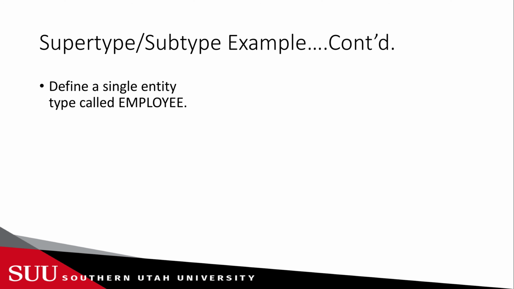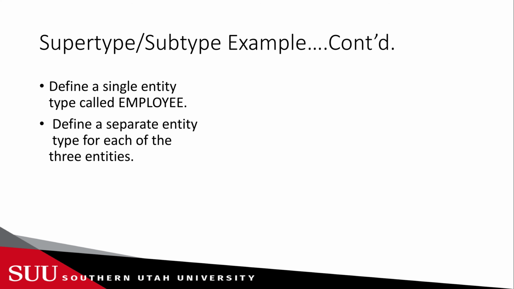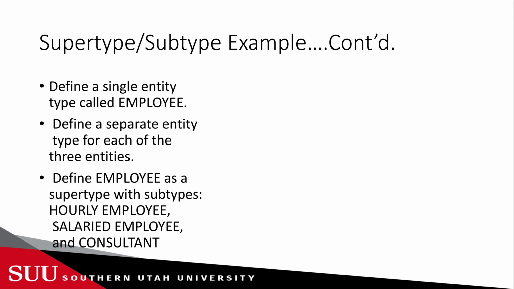So we will define a single entity that's called employee, and we will define a separate entity type for each of those three entities. And then we will define employee as the supertype because all of those three entities can fall under employee. And then we will have the three subtypes as hourly employee, salaried employee, and consultant, or you can call it contract consultant.